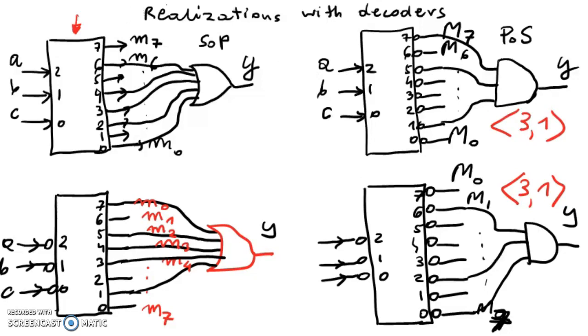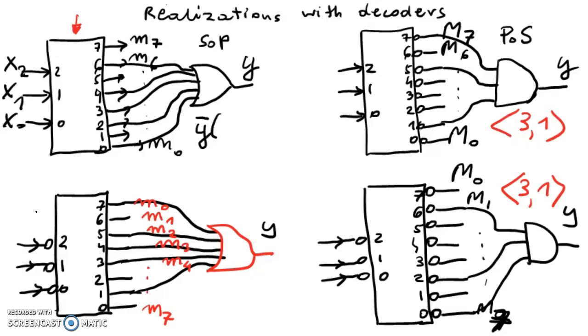Also, there is a change in the names of the signals. These are not ABC: x2 must be connected to input 2, x1 to input 1, x0 to input 0. And of course, you must repeat this for all the cases.